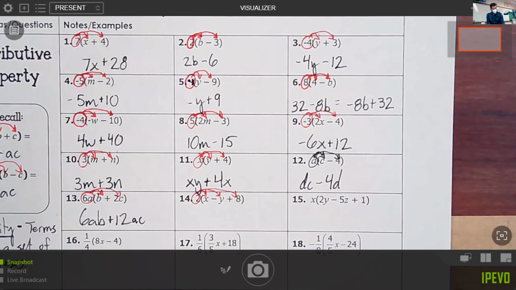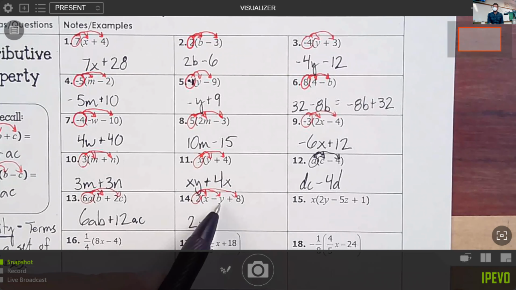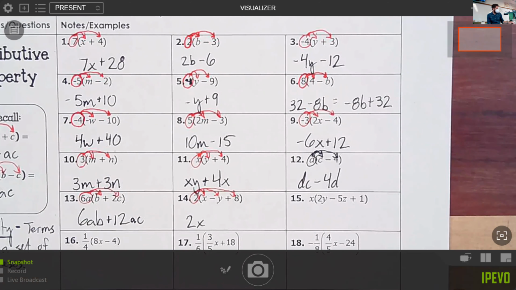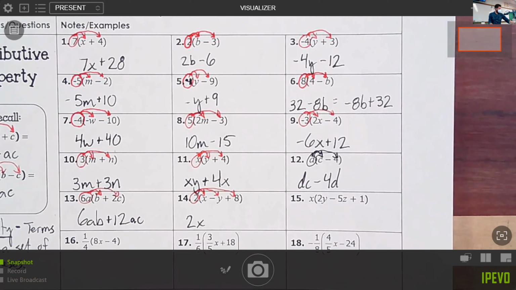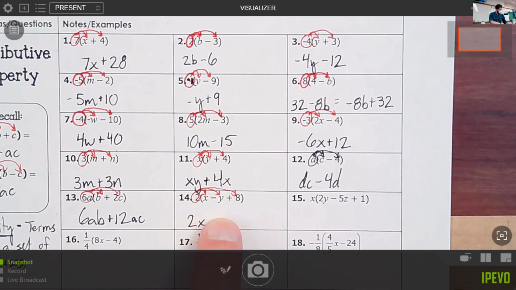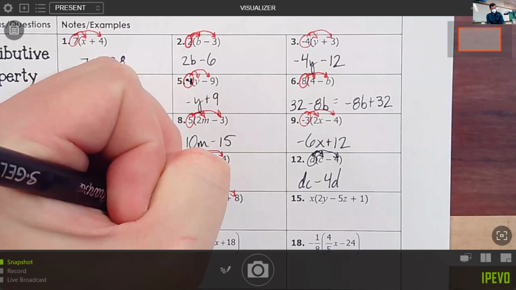2x, exactly. And then 2 times negative y would be, what do we get with 2 times negative y? Yeah, negative 2y or minus 2y.